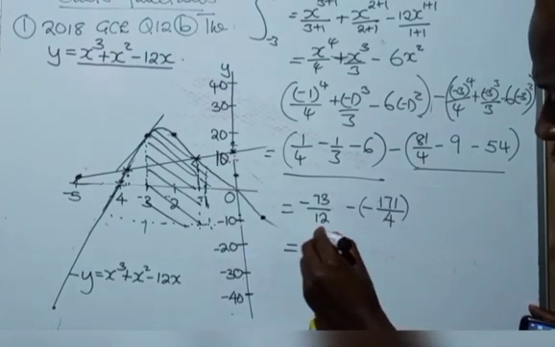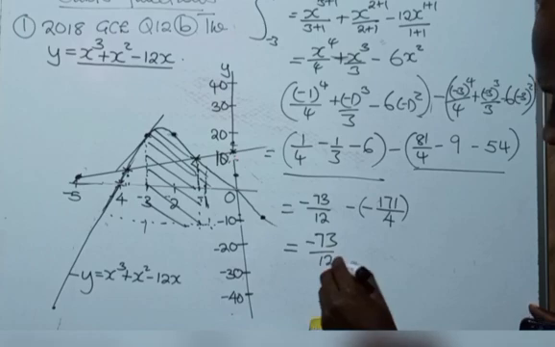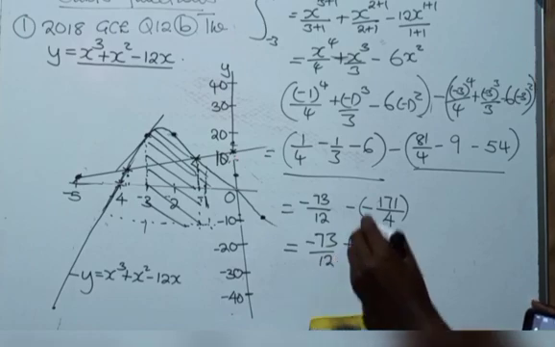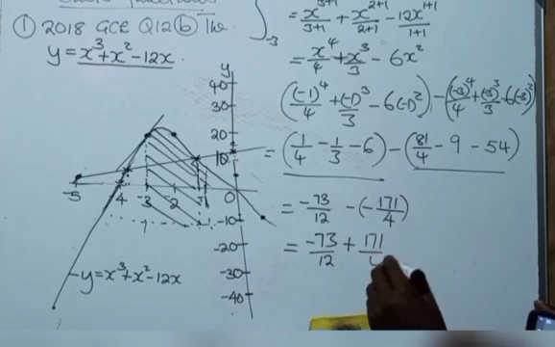Meaning we are going to have negative 73 over 12, plus, because it is negative, plus 171 over 4.